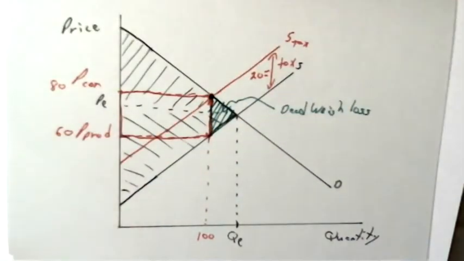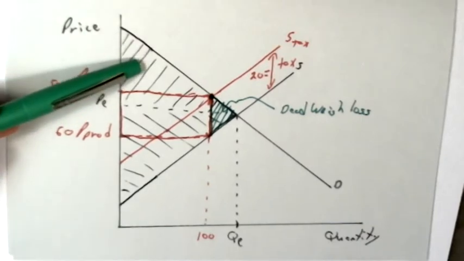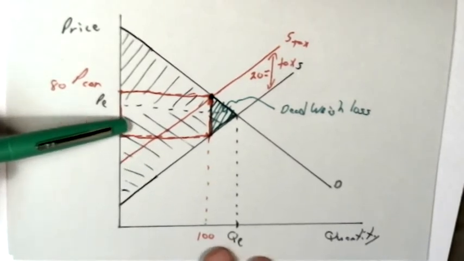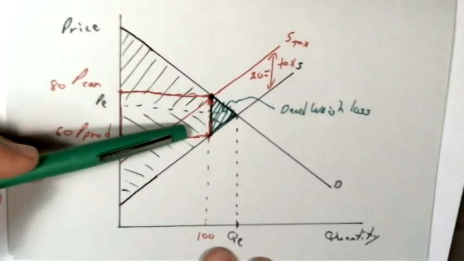The dead weight loss. So in the process of raising this revenue for the government, consumers have lost some surplus, producers have lost some surplus, and the government has gained some tax revenue.